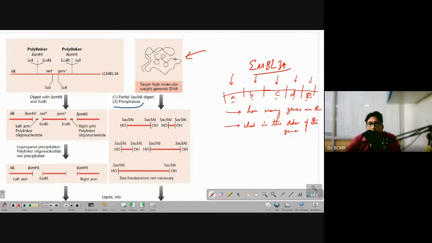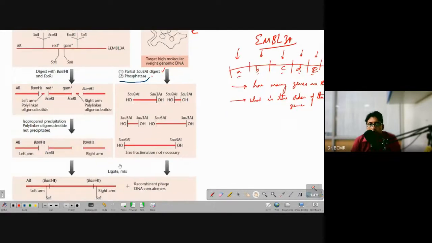So when we make a partial digest and we don't use phosphatase, at one point we are going to add ligase. And when we use ligase, there is always a probability, or I will just take a step back.